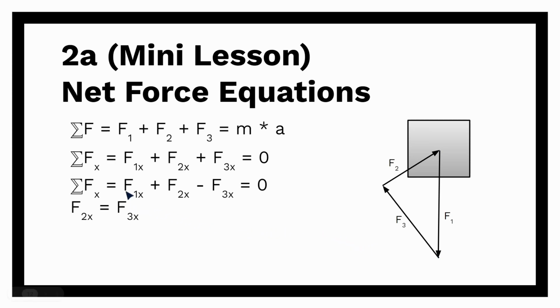But also, f1x doesn't show up here because there is no x component for this. It just goes straight down. It doesn't go side to side. And you might see this as, well, the distance left that f3 goes is the same distance that f2 goes back to the right, which checks out.